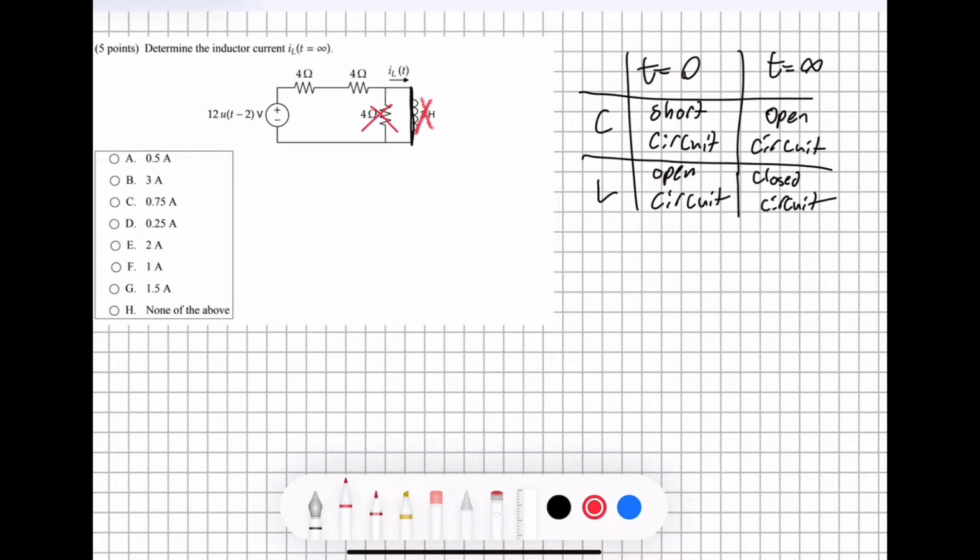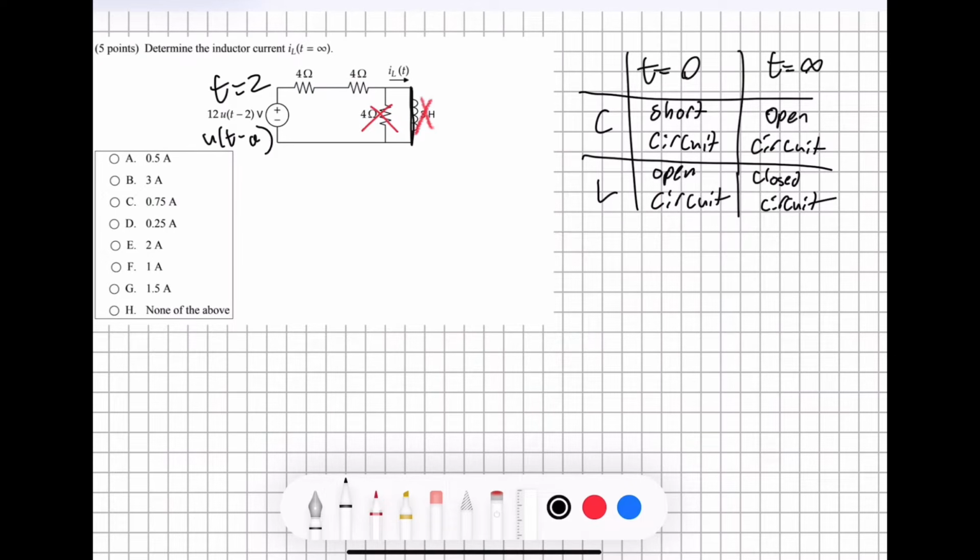So one more thing we can see while looking at the circuit is that we have a step function right here, which gives us the voltage. The way a step function works is it tells us when the voltage source turns on. In this case, it's going to be turning on at time equals 2, because we have the -2 right here, and the step function always takes the form u(t) minus the time that it turns on.